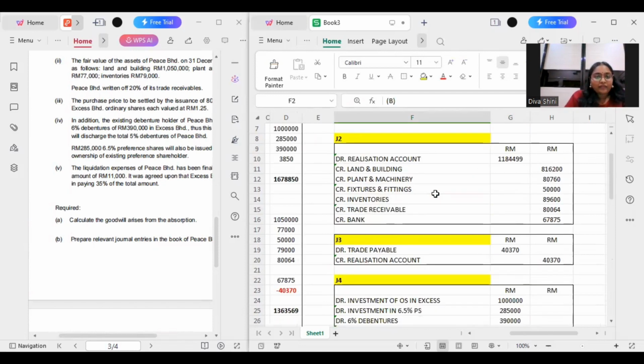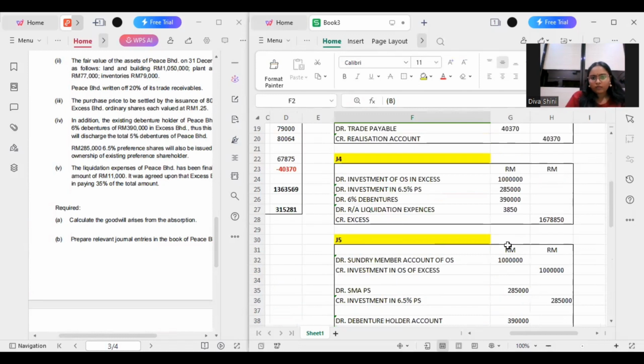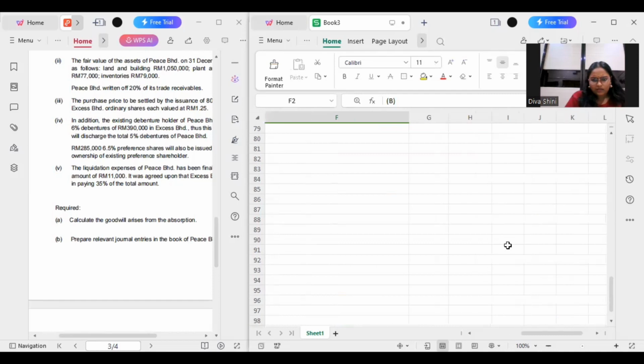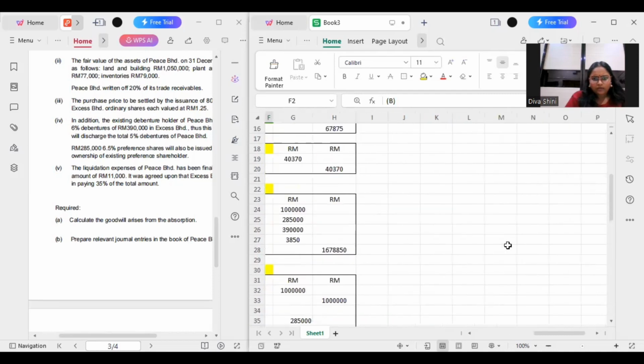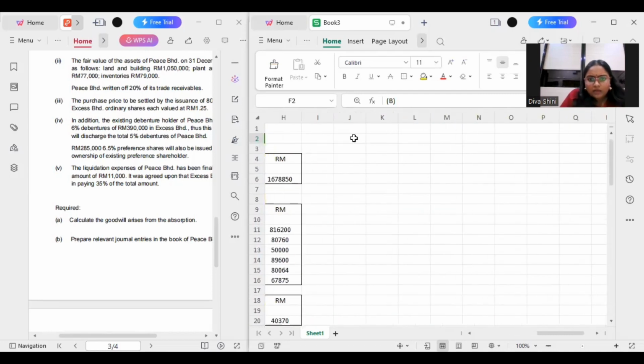So these are the journals for this, and then after the journal we need to do the realization account. Okay, for the realization account we do beside this.